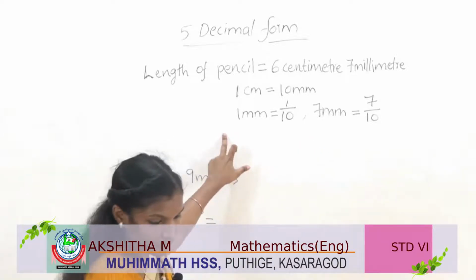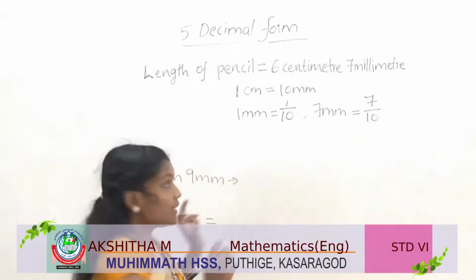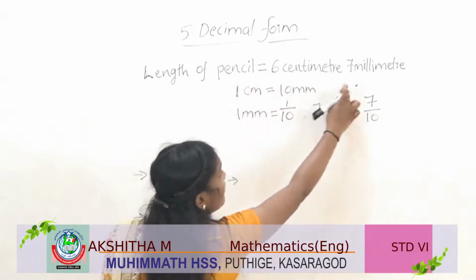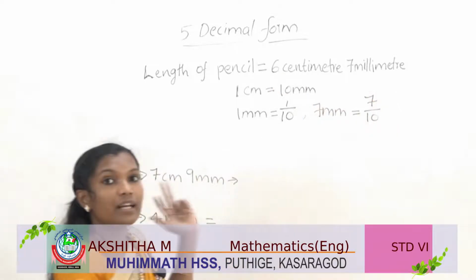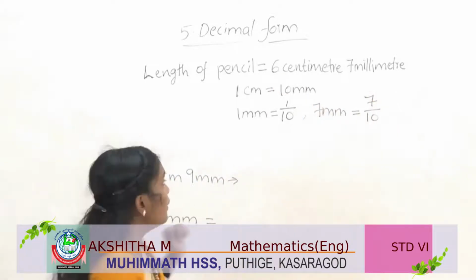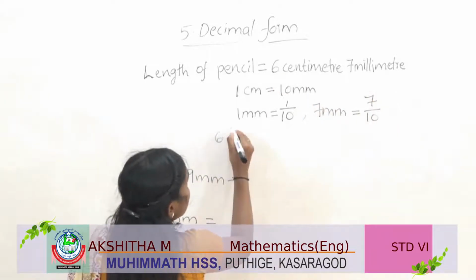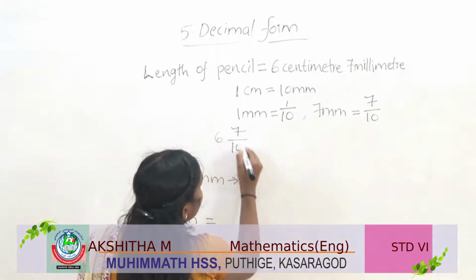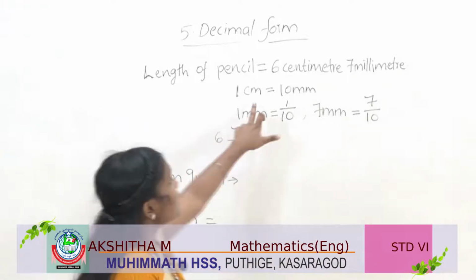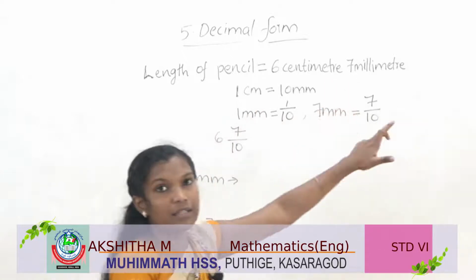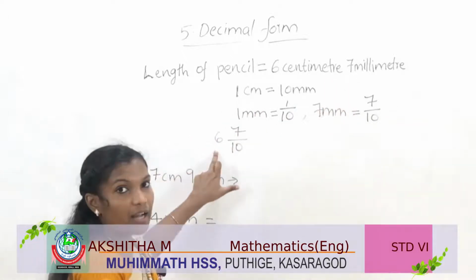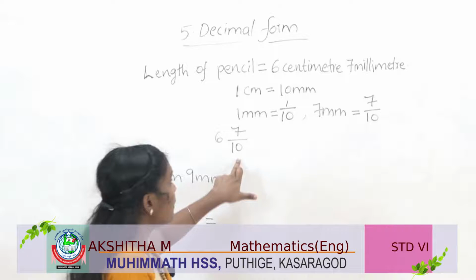So 6 centimeter 7 millimeter, how can we write that in fraction? We can write it in fraction 7 by 10.